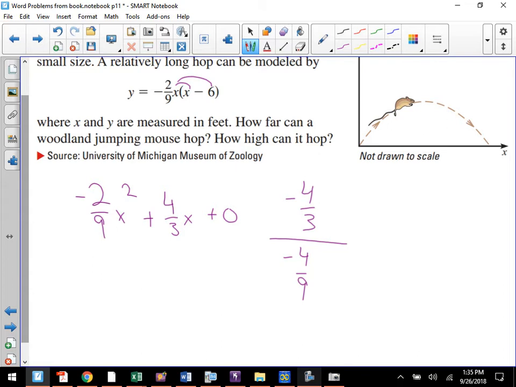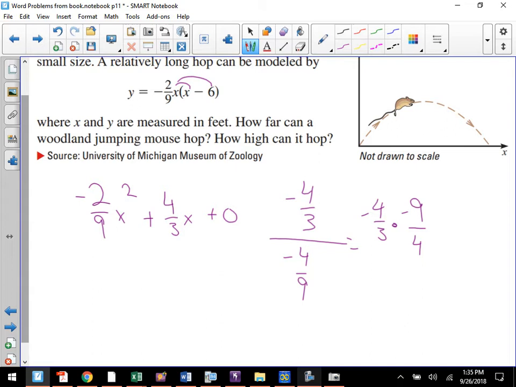Complex fraction. When you have a fraction divided by a fraction, you multiply by its reciprocal. So you get 4/3, negative 4/3, excuse me, times negative 9/4, otherwise known as 3.